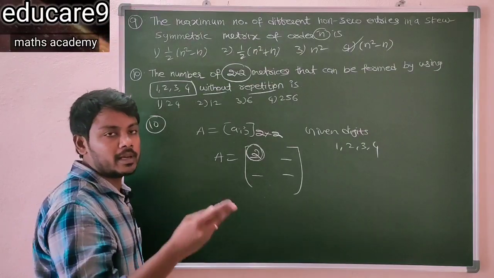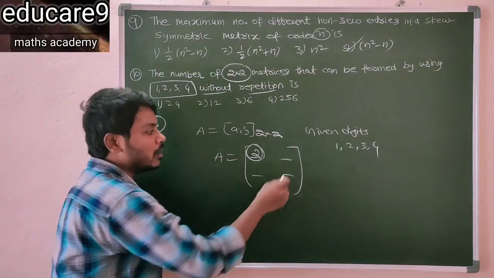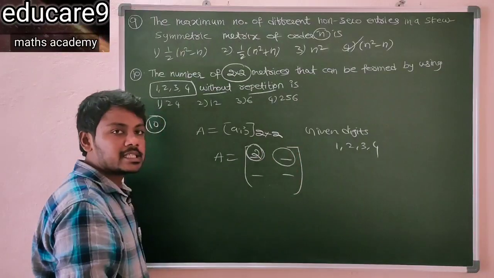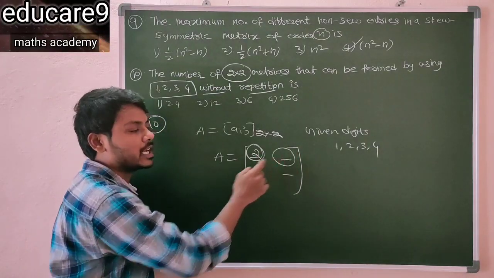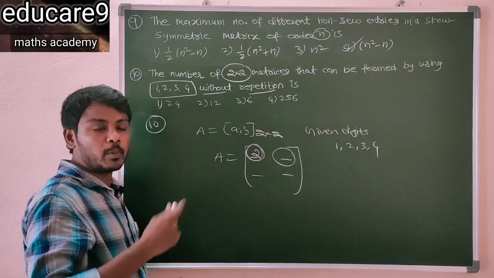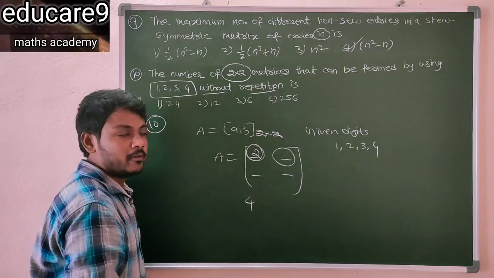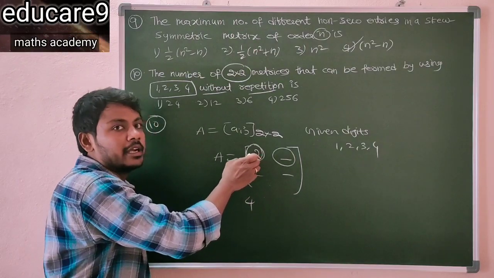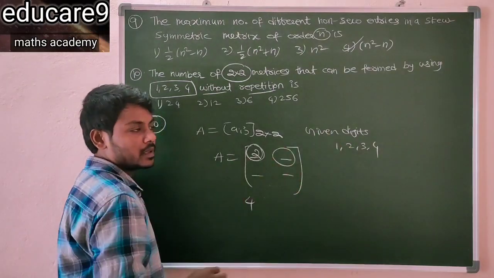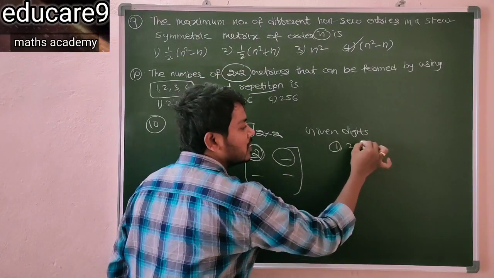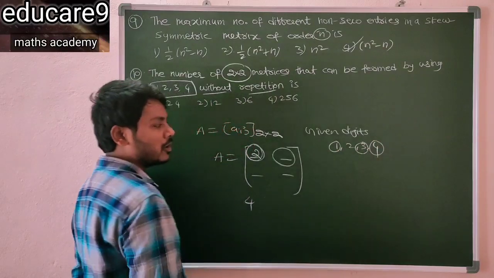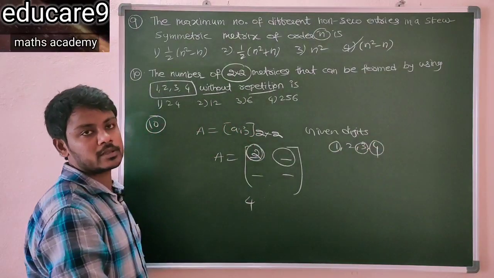So the number of elements is 3. And here the number of possibilities in the second place, that is first row second place, is clearly 3. Using 1 3 4 we can fill the second place.